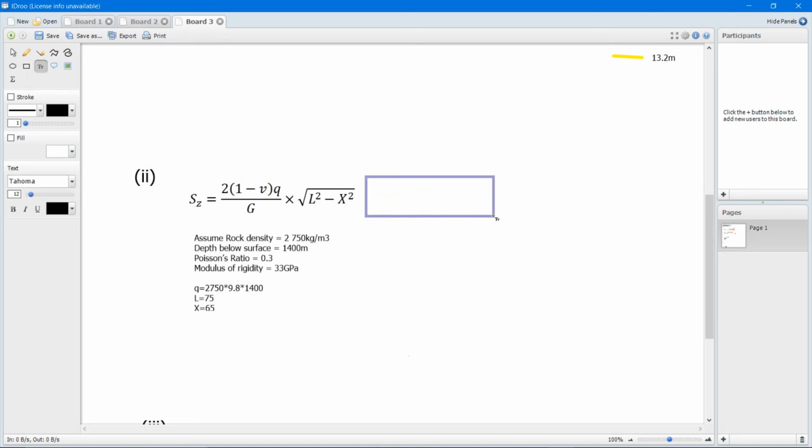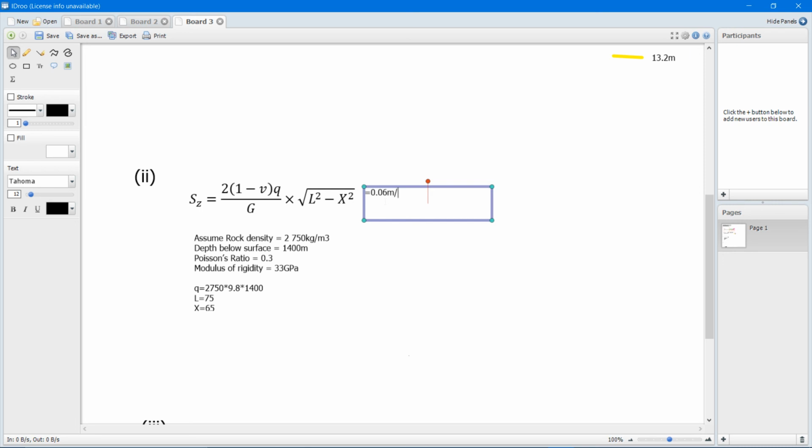Now, I'm getting 0.06. I don't know what you guys have gotten. However, it should be in that range. Meters, right?